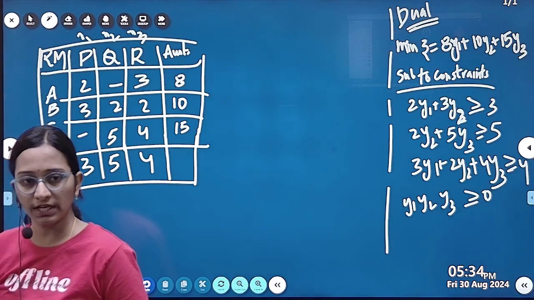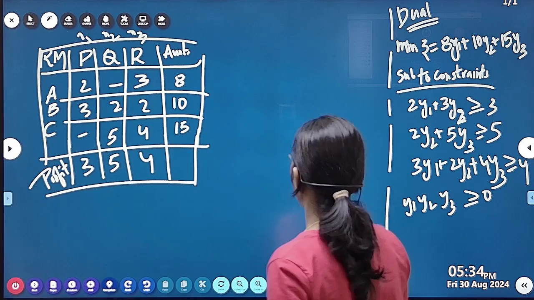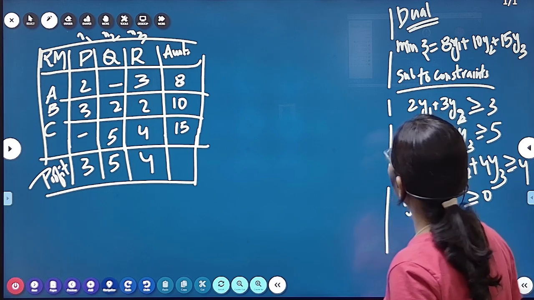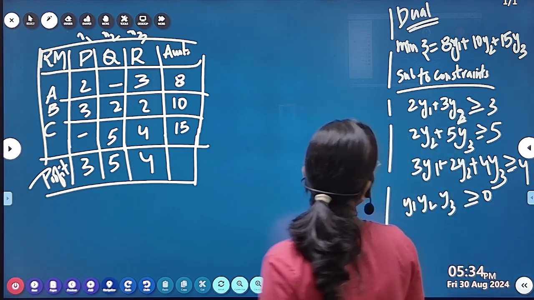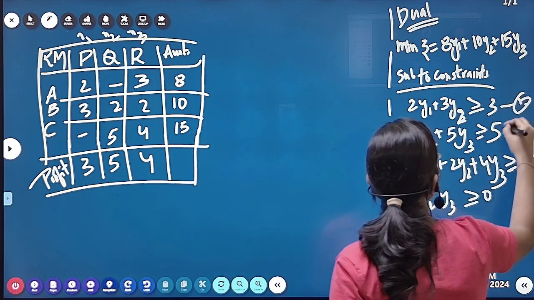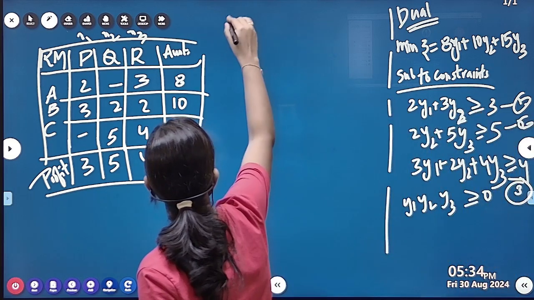So I will tell you in the next question. Those are just slack variables. Okay, leave that. So how they have solved, let us think this is the first equation, this is the second, and this is the third equation. Solve this 1 and 2.